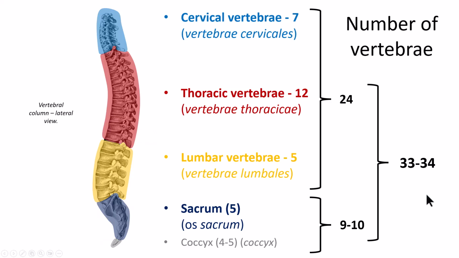Therefore, when asked how many vertebrae a human has, the answer might be either 24 or 33 to 34, depending on whether the fused vertebrae are included.